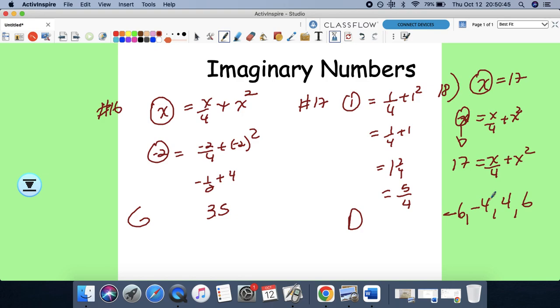That's not going to work. Negative 4 squared is 16, and negative 4 divided by 4 is negative 1, so that gives us 15. That doesn't work. If I plug in 4 here and 4 here, 4 over 4 is 1, and 4 squared is 16, plus 1 is 17. Here's a winner right there.